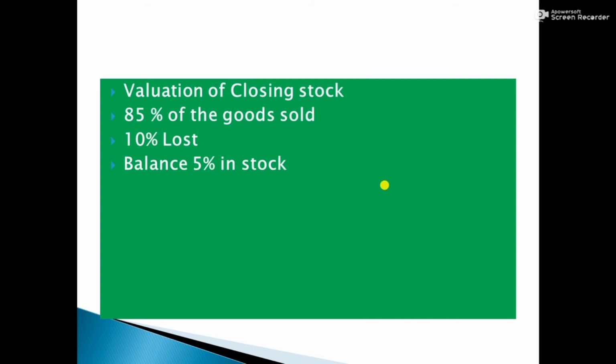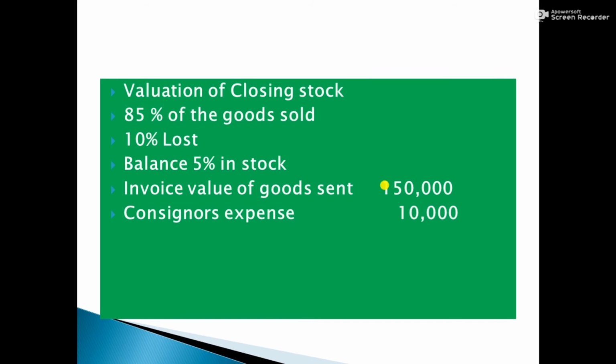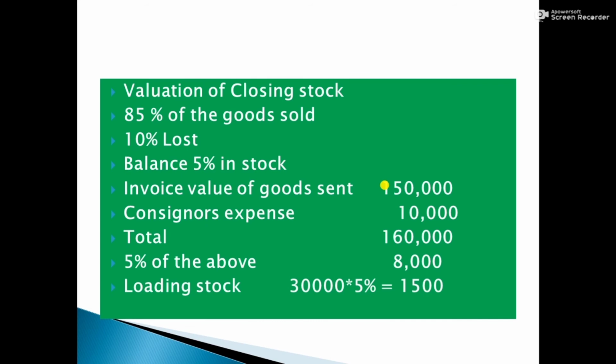Invoice value of the total goods sent 1,50,000, total consignor's expenses 10,000, total 1,60,000. 5%, 1,60,000 into 5%, rupees 8,000. By consignment stock 8,000. Remove the profit loading. Total profit loading is 30,000. 5% is 1,500. So, debit in consignment account to stock reserve 1,500.